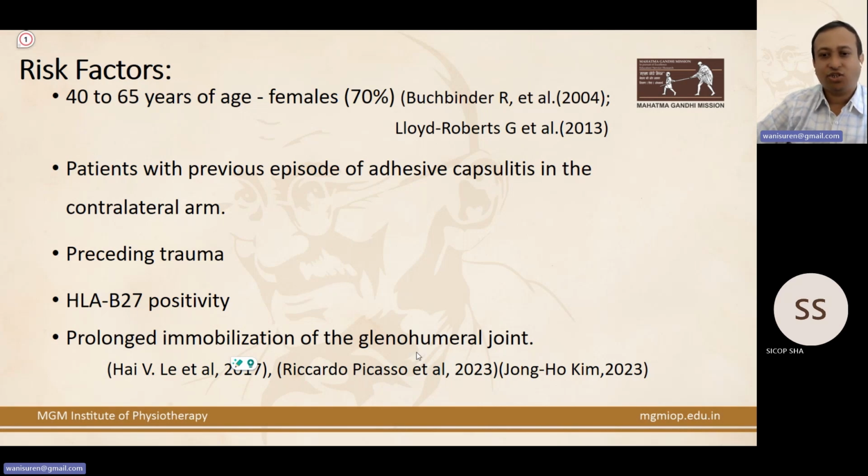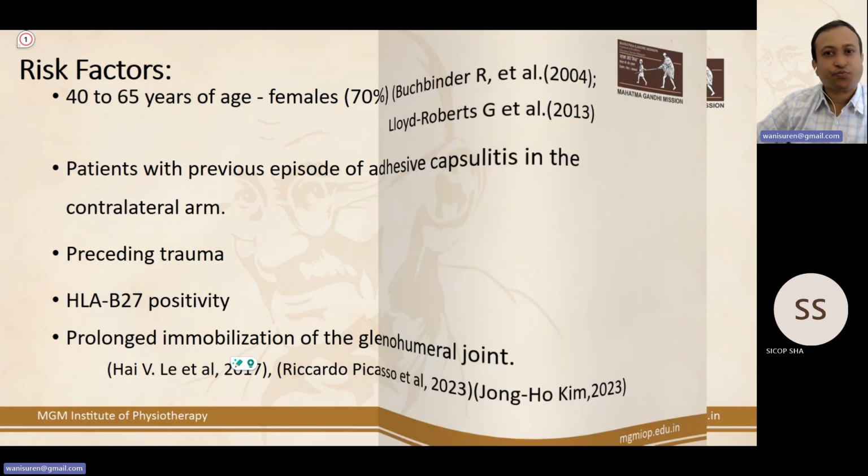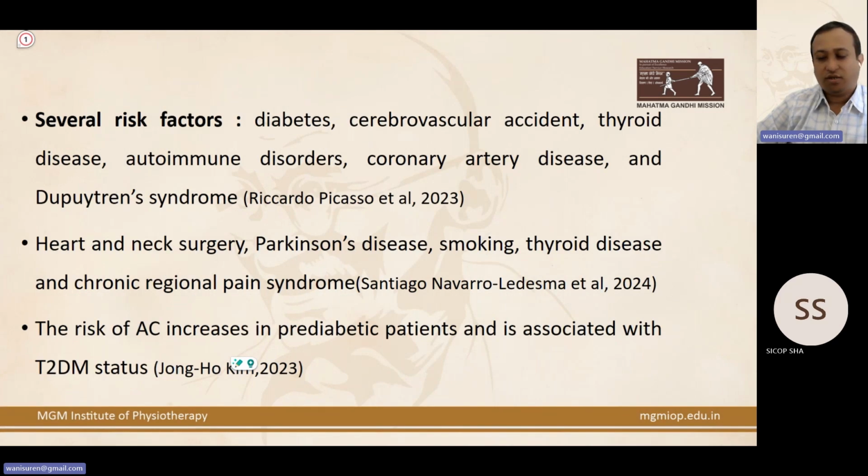As I told, prolonged immobilization of the shoulder joint also can develop frozen shoulder in the later stages. Several risk factors like systemic diseases, such as diabetes, cerebrovascular accident, thyroid diseases, autoimmune disorders, coronary artery disease, are also major risk factors for development of adhesive capsulitis that we are going to discuss later in detail.